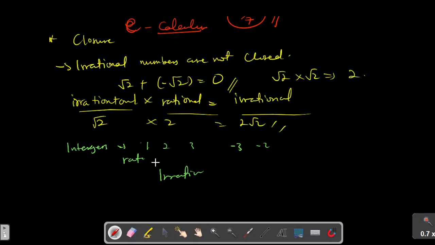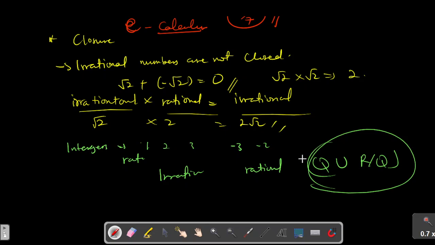So if a number is not rational, then the number is what? Irrational. That is why when you combine rational, let me use a symbol, Q union R slash Q, I mean that's the representation, then this should give me every possible number on earth.